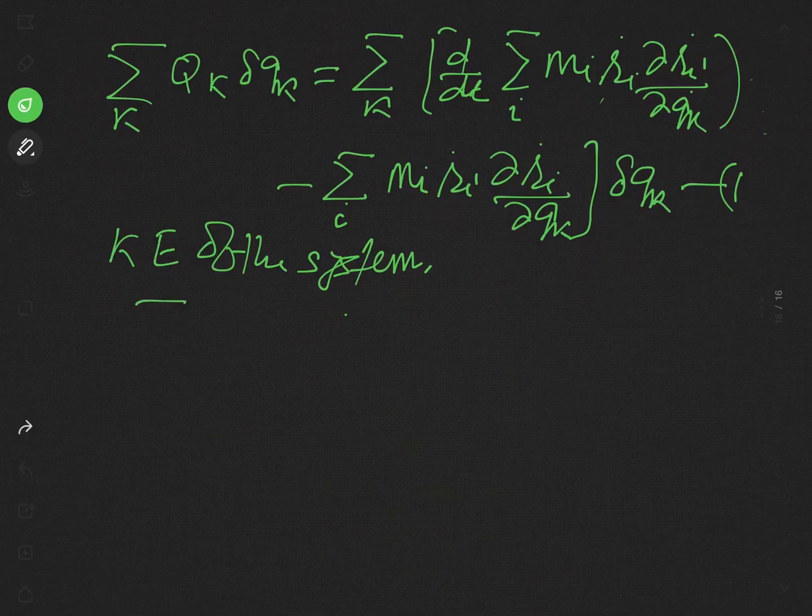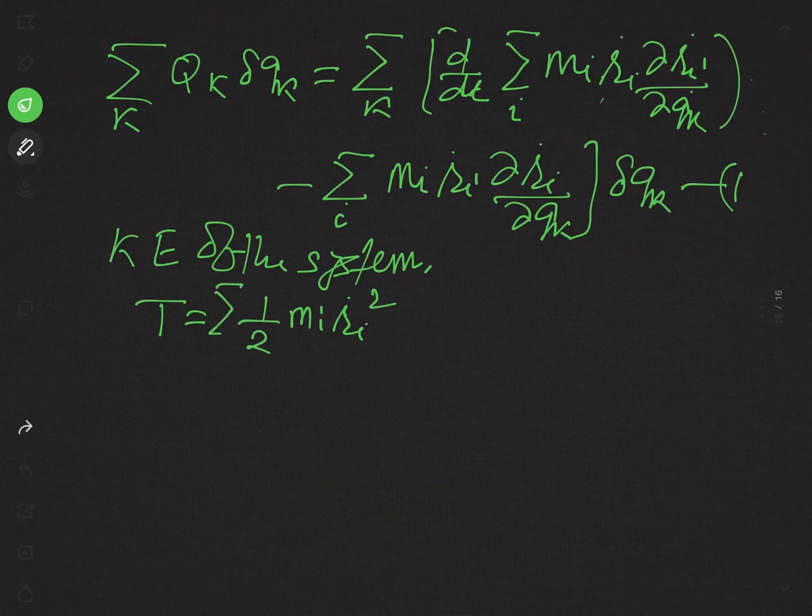We denote the kinetic energy by the symbol T. First we define the kinetic energy of the ith particle, i may be 1, 2, 3, 4 and so on. That will be half mi ri dot square, where ri dot represents the velocity of the ith particle.